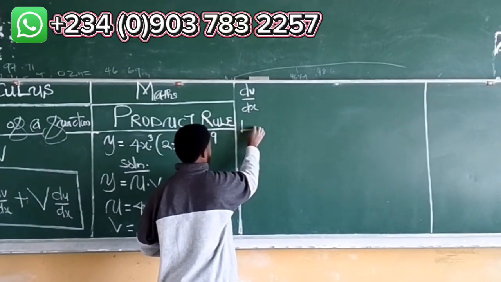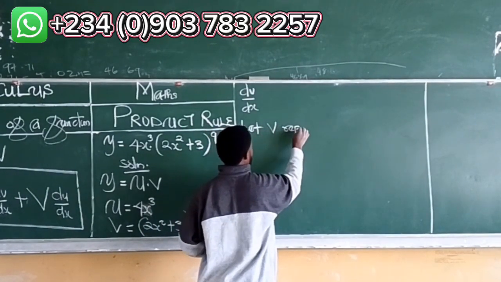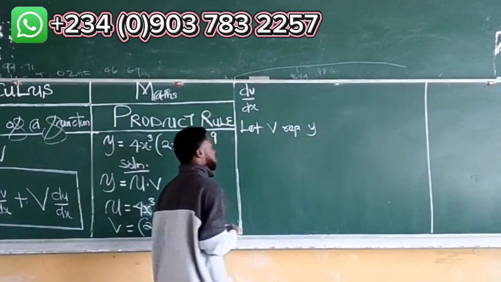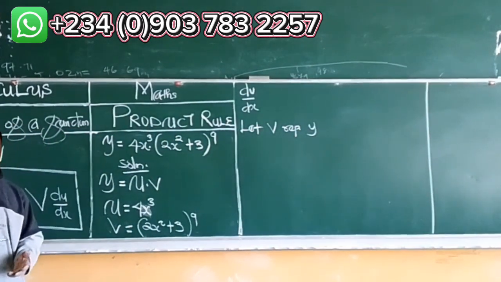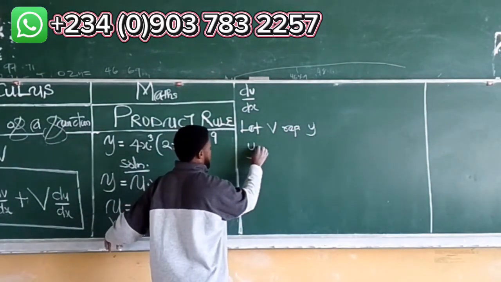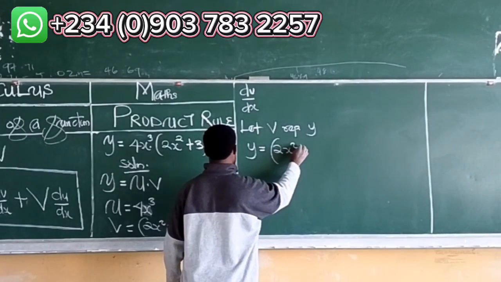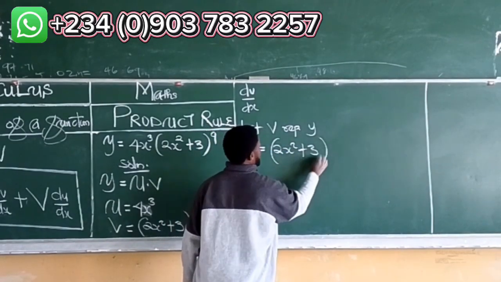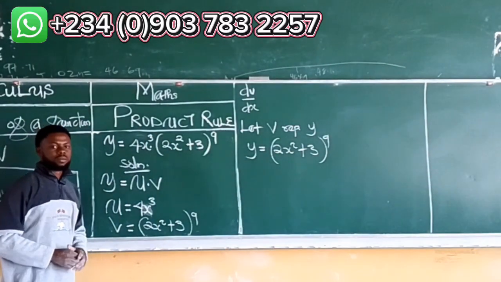So let v represent y, or let y represent v. And if v is y, and y is also v, then the equation could be y is equal to, bracket open, 2x squared plus 3, raised to the power of 9. That is just the concept.